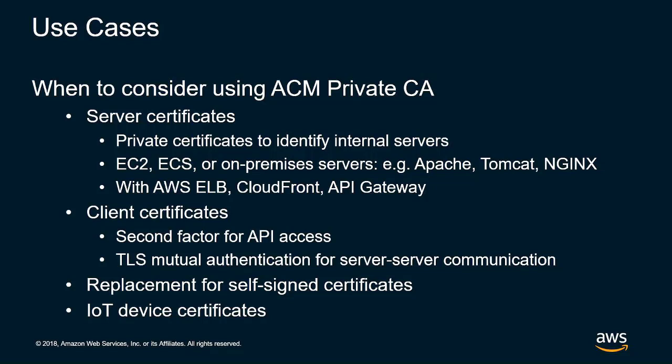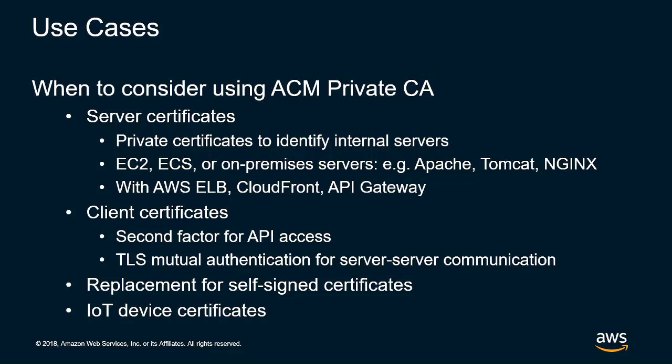And those are on EC2 instances or servers you have in your data center. You can also use ACM Private CA certificates to secure connections to AWS resources, such as Elastic Load Balancers, CloudFront distributions, and API gateway endpoints.